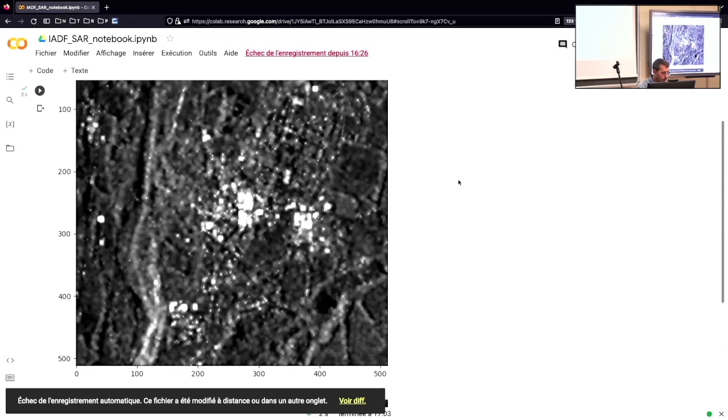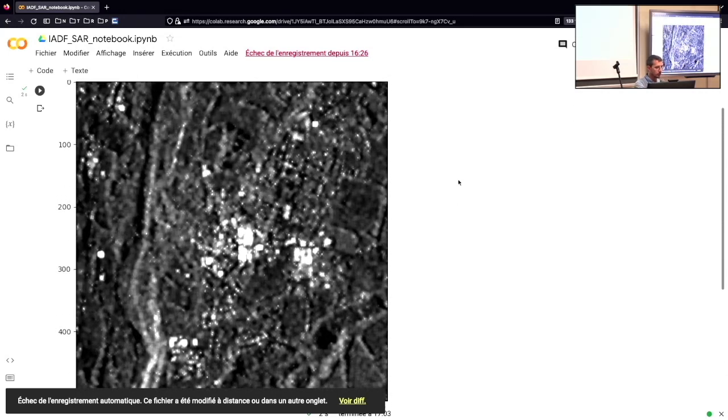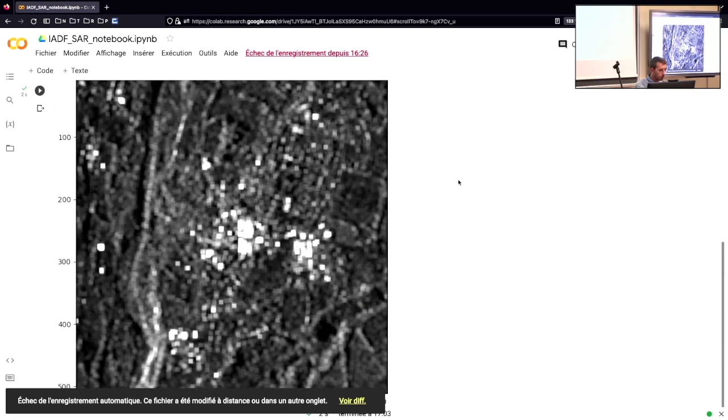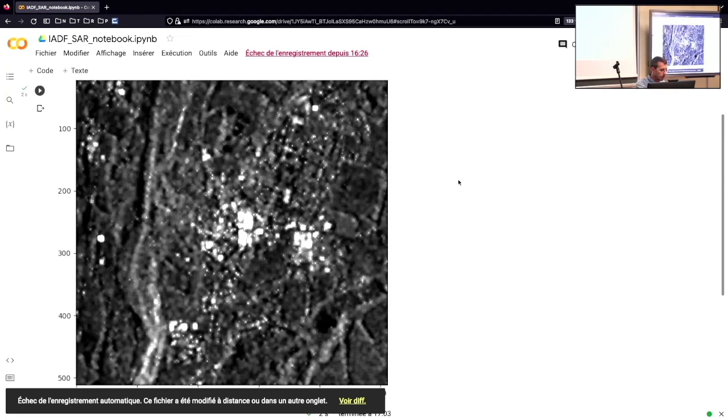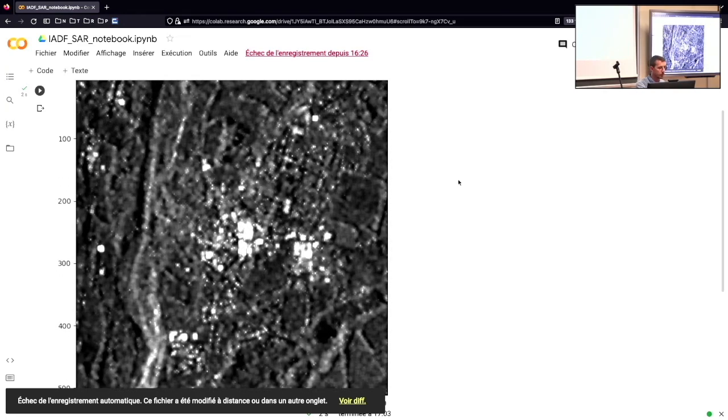So that's the image that is filtered by the Lee filter. So it's an improvement with respect to the average image. So that's the average image. So the resolution is really poor. With the Lee filter, we have an improvement.